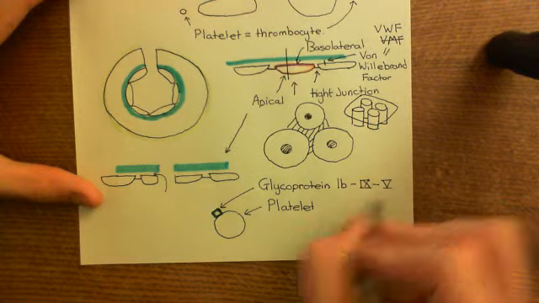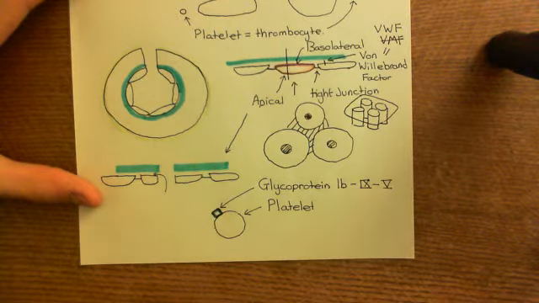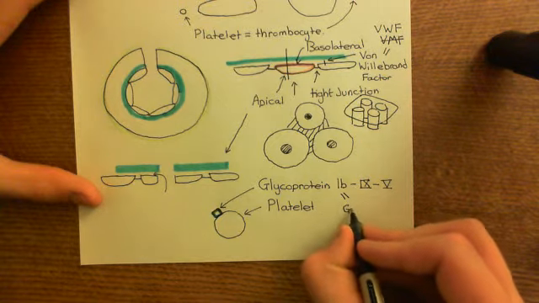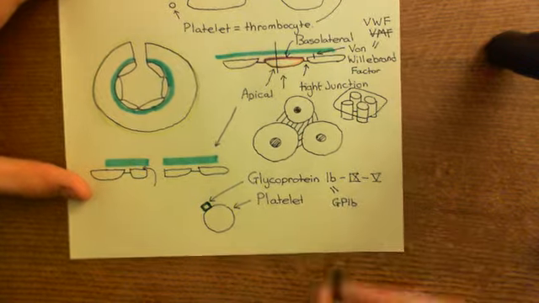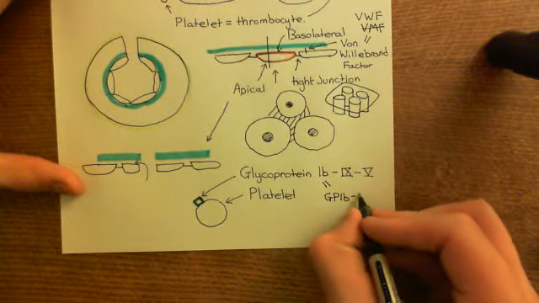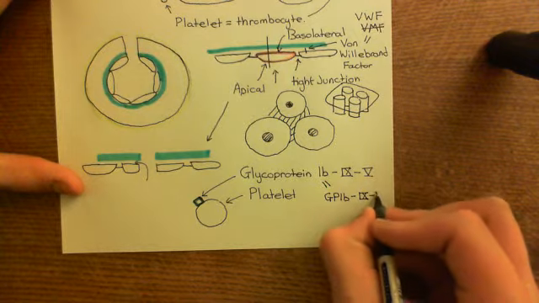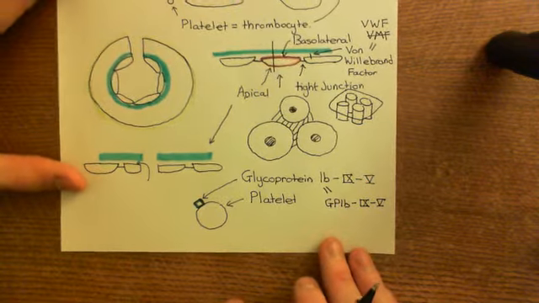Okay, and then we've got V here. So glycoprotein Ib-IX-V is the name for this protein, and it's often abbreviated just to GPIb-IX-V, or you may well just hear people abbreviate it to GPIb. Okay, but strictly speaking, you should say GPIb-IX-V.